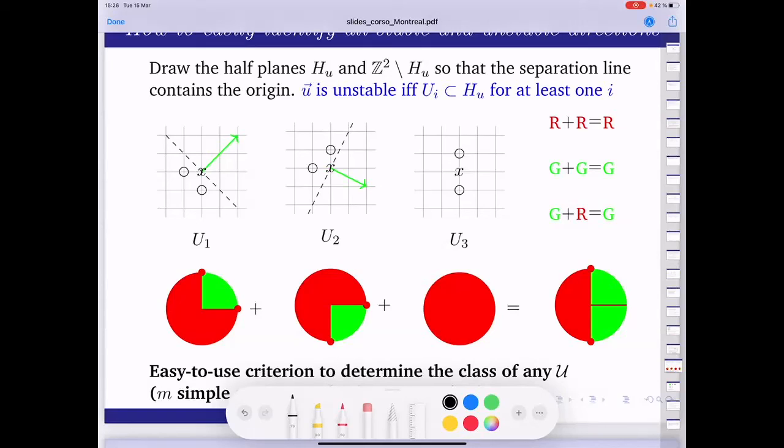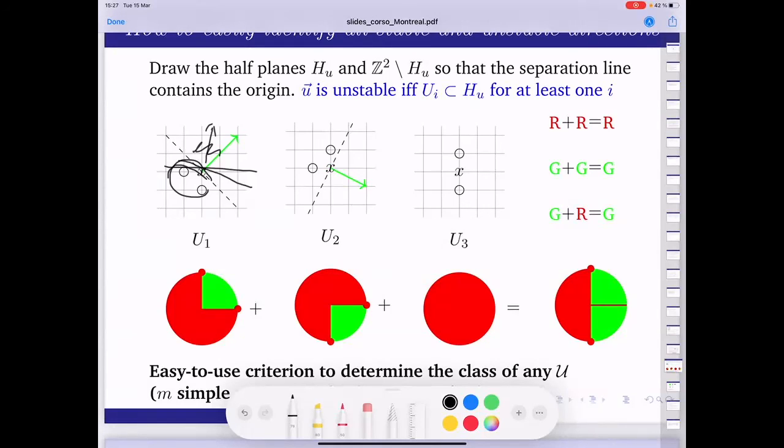Because each update set defines a certain sector of the circle of all directions to be unstabilized by that rule. For example, if I have this set U1 here in my rule, all the directions which are on planes which contain this subset below are unstable directions, because then all the sites above can see this subset as being empty, in the configuration in which the half plane is occupied above and empty below.